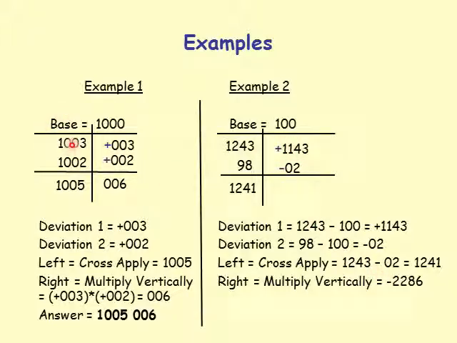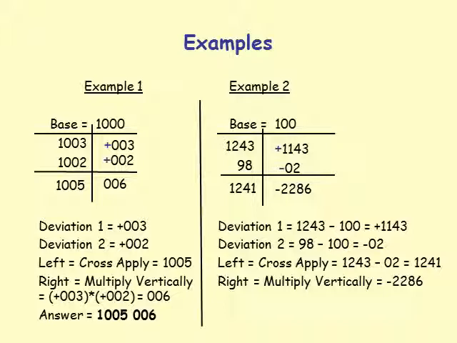So earlier we had an example where both numbers were more than the base number, with plus deviations. Here we have a case where the first number is more than the base of 100 and the second number is less than the base, a positive and a negative deviation. In this case I had better use base times left. So minus 2286 goes on the right.